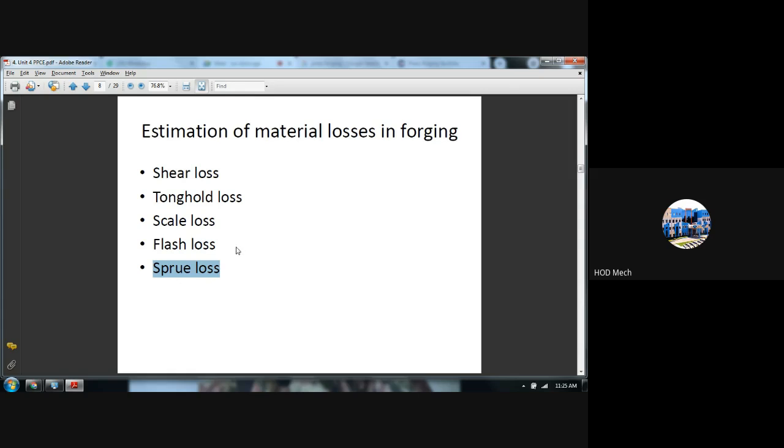So there are 5 types of losses: shear loss, stronghold loss, scale loss, flash loss, and screw loss.